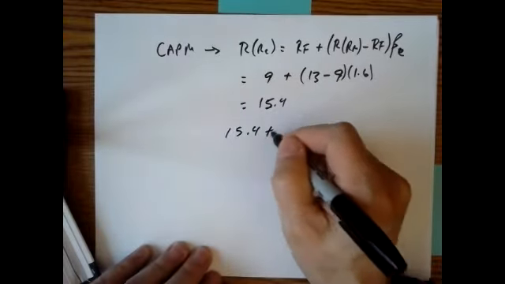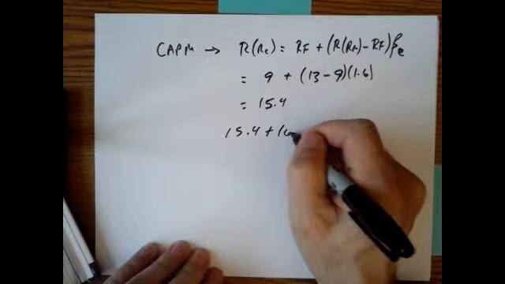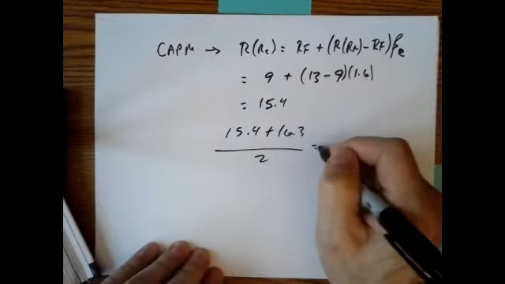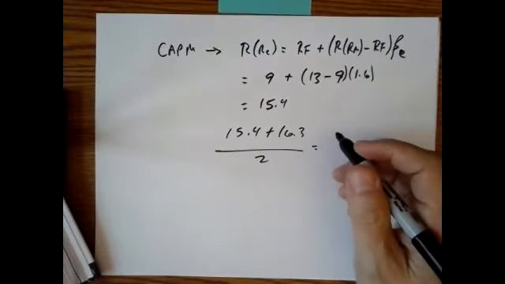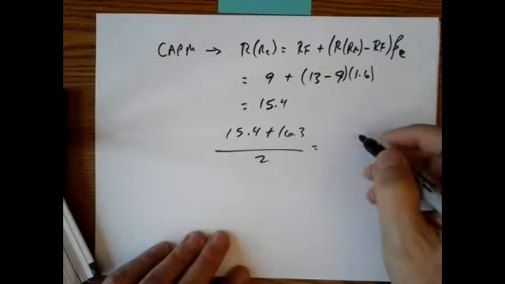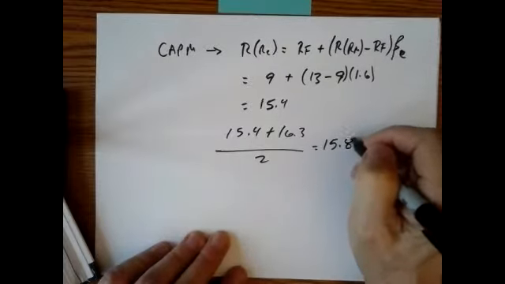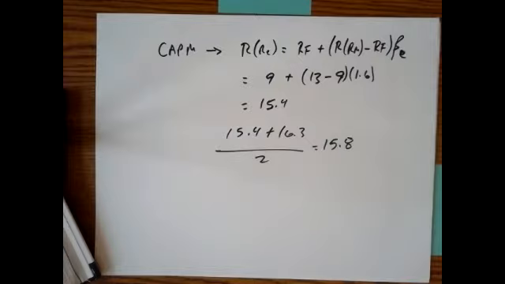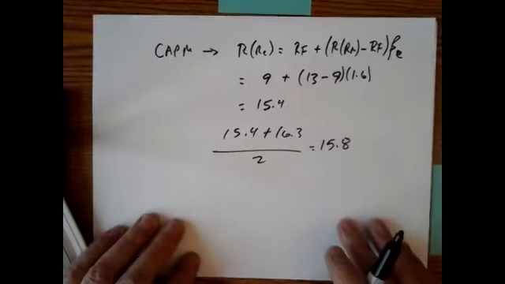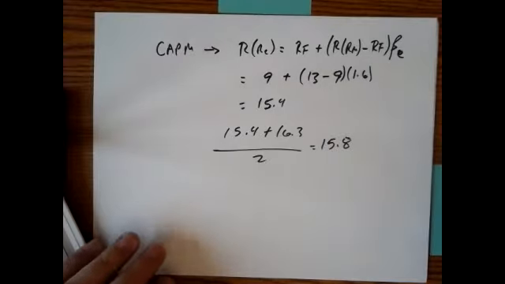So 15.4 plus 16.3 divided by 2 gives us an average of 15.8. That's really not a great method, but if you have no reason to go one way or the other, then you take the average.